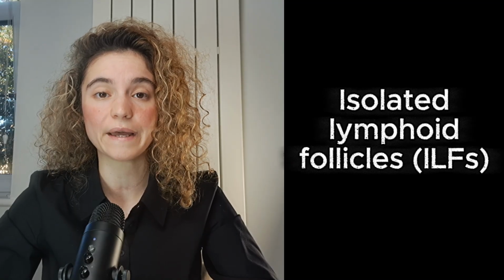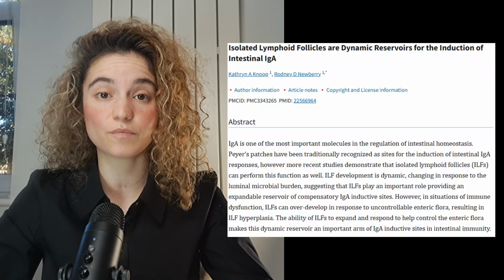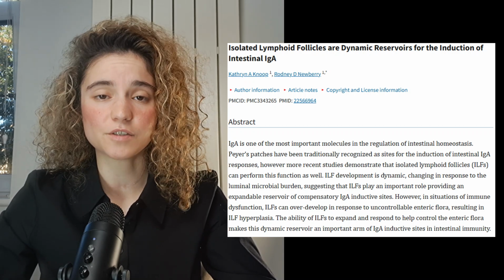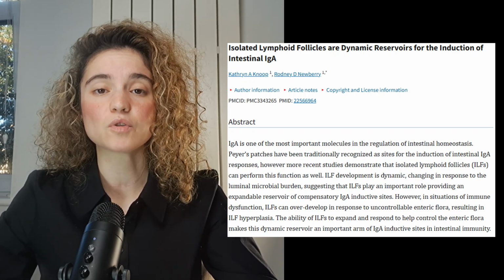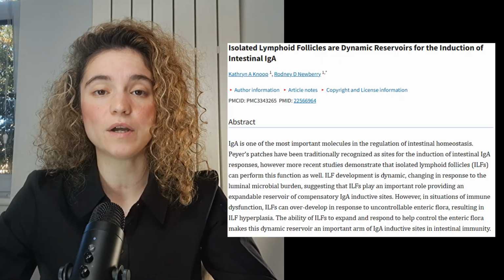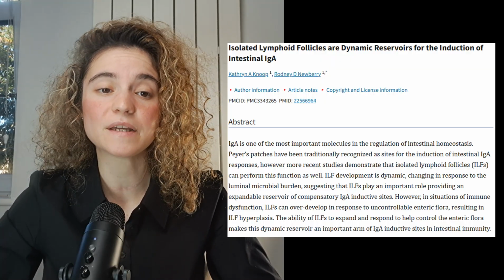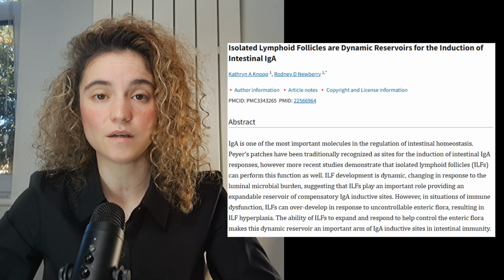So the next area of the gut-associated lymphoid tissue that I'm going to discuss are isolated lymphoid follicles, or ILFs. Now these are distributed throughout the gut and are dynamic immune structures in the gut-associated lymphoid tissue that respond to microbial signals to initiate IgA immune responses. They are smaller than Peyer's patches, but they do contain similar cellular structures.